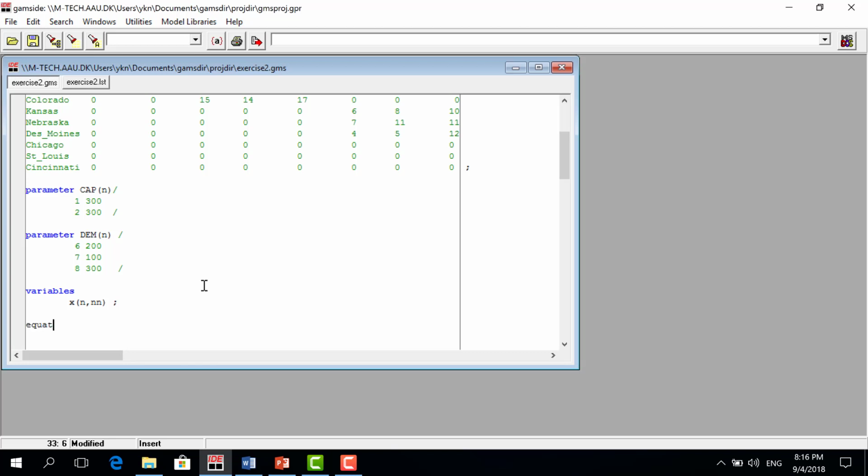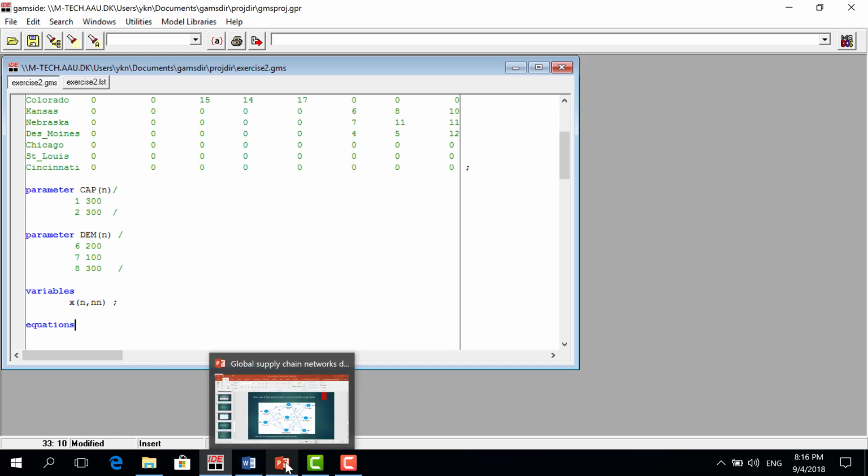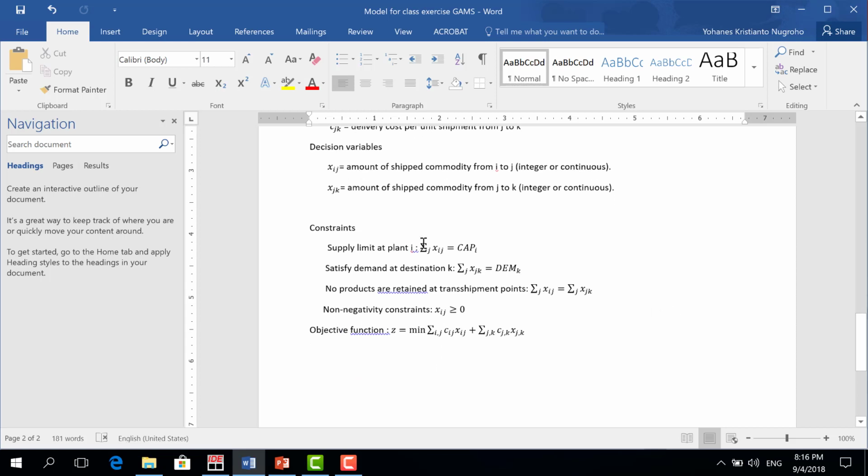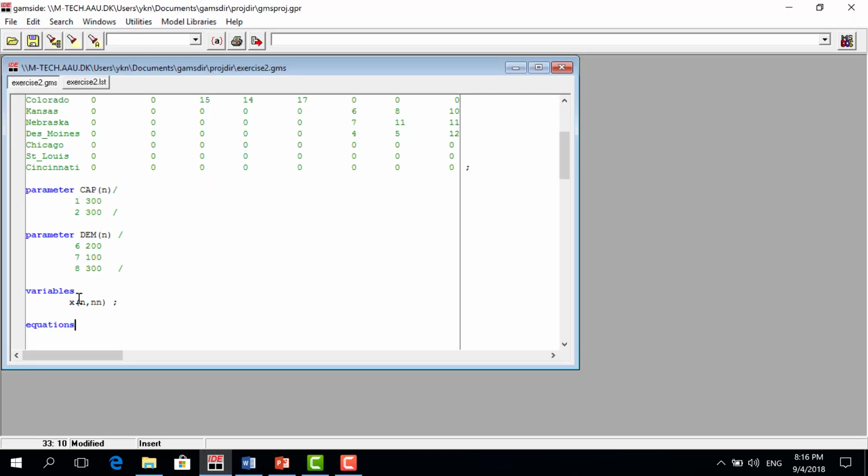Here we have how many equations? 1, 2, 3. We have 5, but we can eliminate the non-negativity constraint by adding positive in front of the variables.